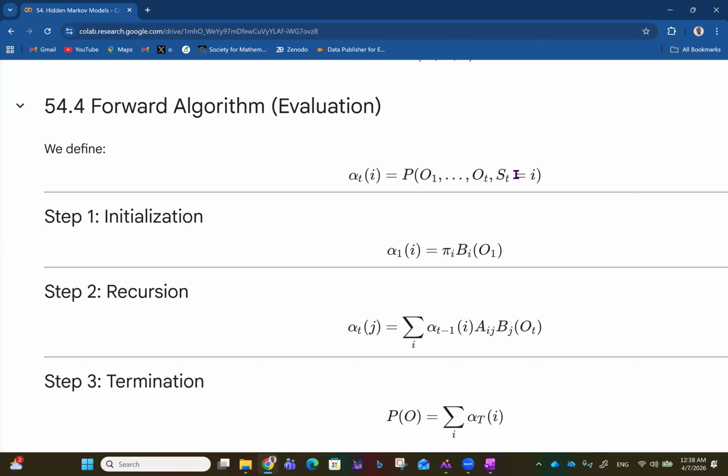Step one, you have initialization: alpha 1 of i is pi i times bi of observation 1. Then you have the recursion: alpha t of j is the summation over i of alpha t minus 1 of i, aij, bj of o t. Then you have termination: the probability of the observation is the summation over i of alpha T of i, like that.